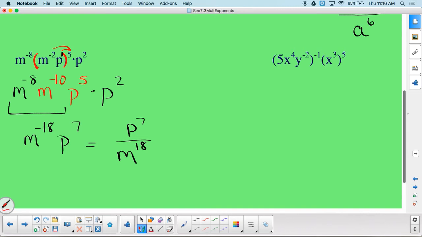Putting these two rules together, everything gets a negative first power. So 5 gets a negative first power, x to the negative 4th, y to the 2nd. Notice I'm multiplying those powers together. And multiply these powers together.